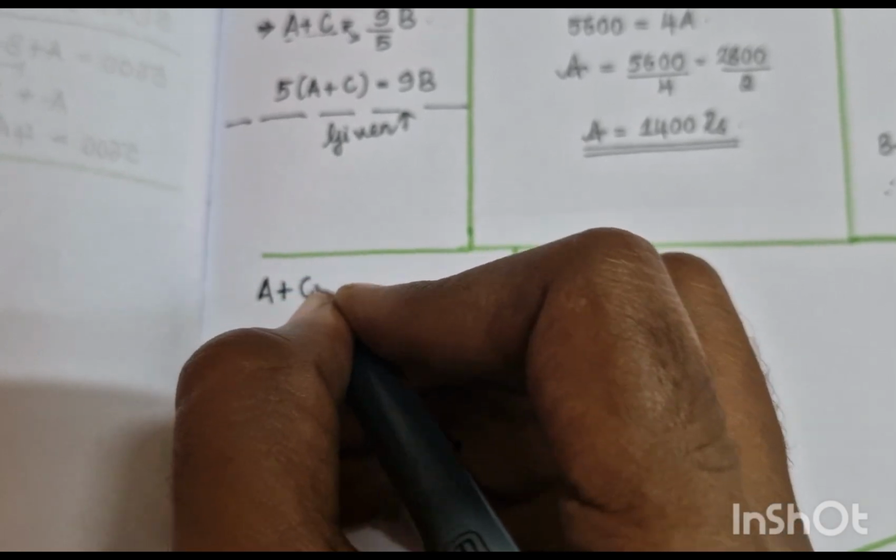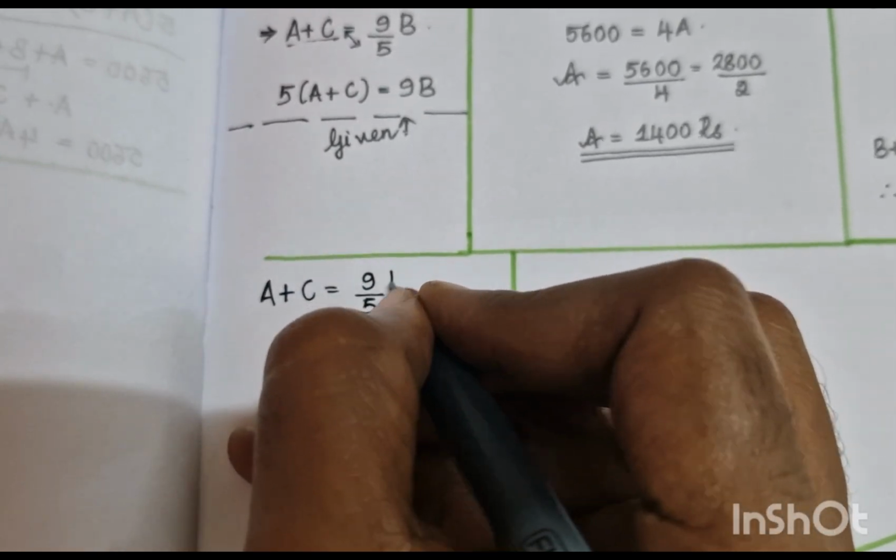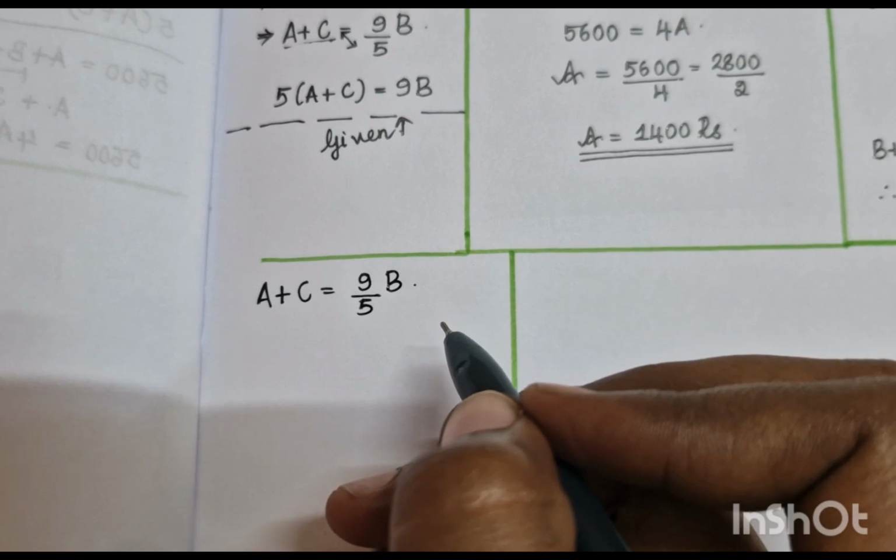A plus C is equal to 9 by 5 B. This is the information given in the question.